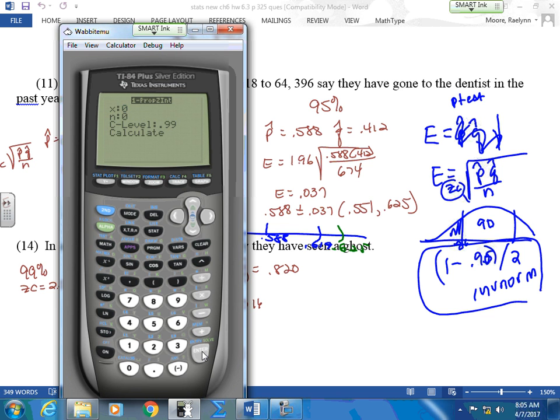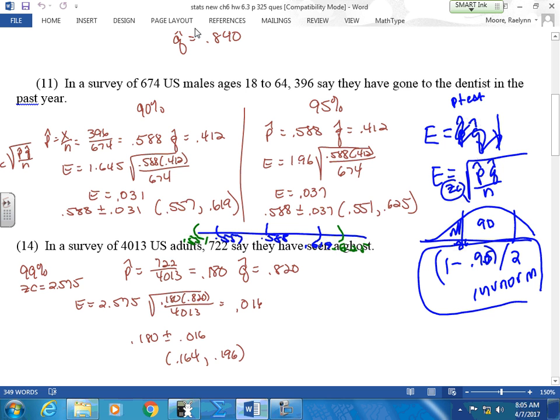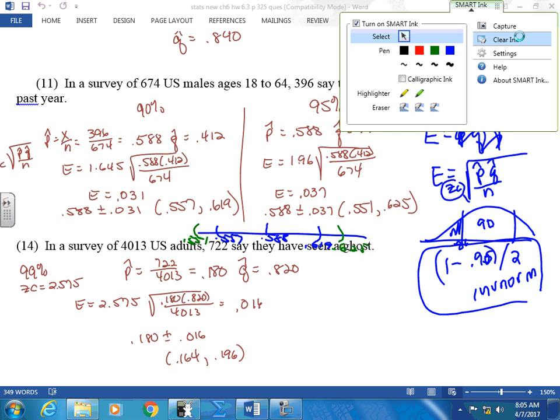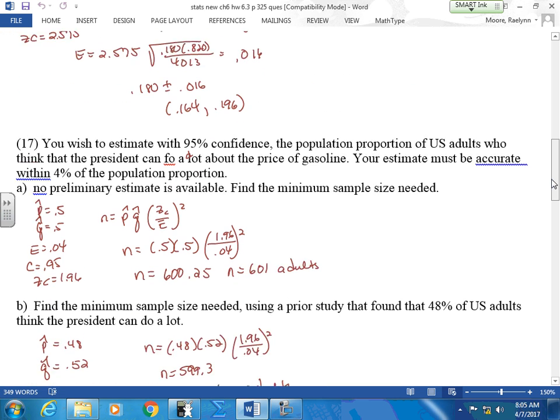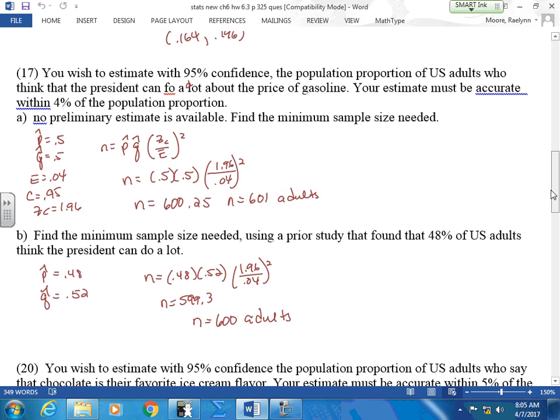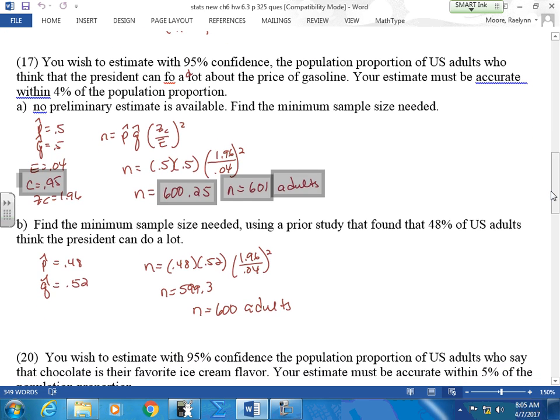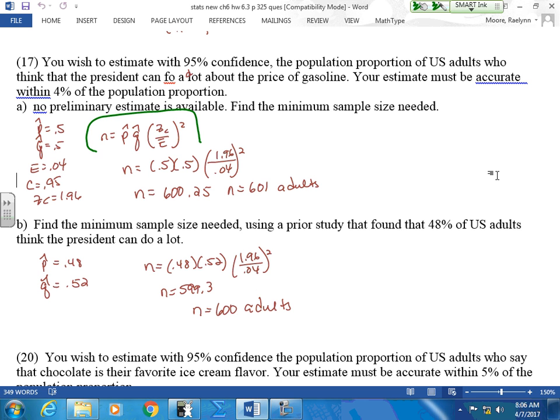Now, sometimes what happens, and I'll see if it happens in your homework, where they don't give you the x and the n, they just give you the p. And you have to work it backwards. Did you have one of those? No, not yet. Okay. This guy, you had to find the sample size. I'm looking for the n formula. So I pull out my n equals formula, and I fill this in.